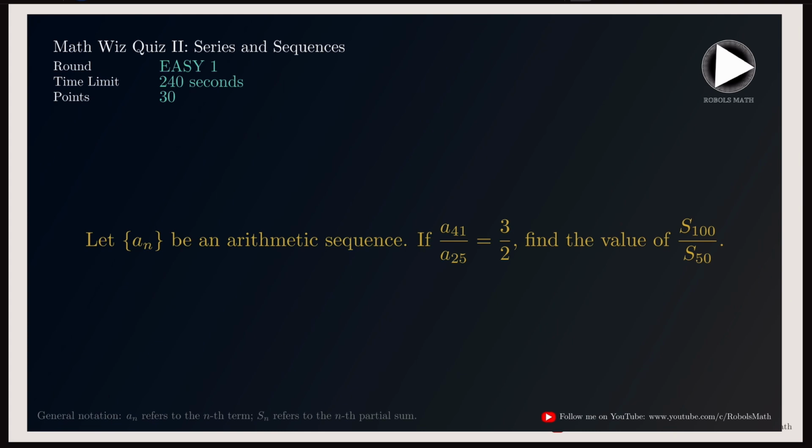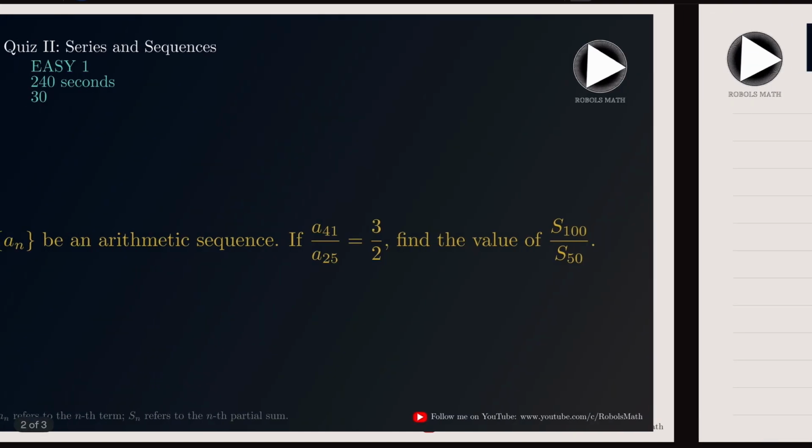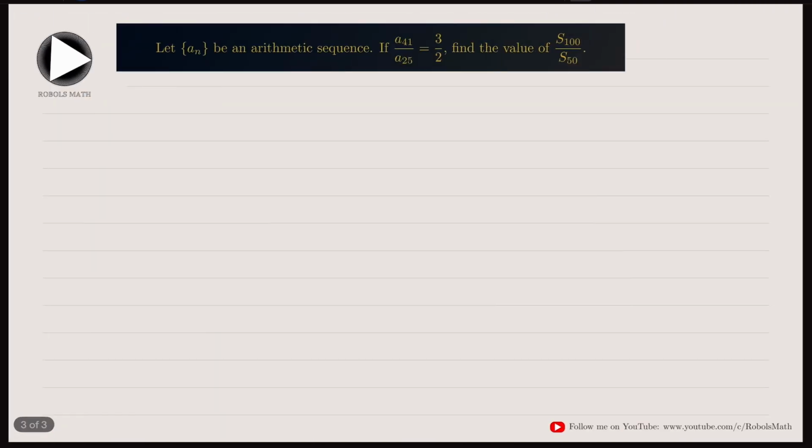To answer this problem, we will use two important properties for an arithmetic sequence. It's that the common difference is common, so the nth term would be equal to a sub 1 plus n minus 1 times d.